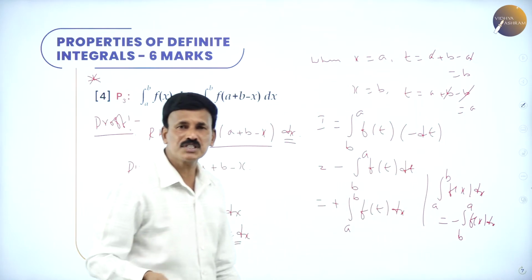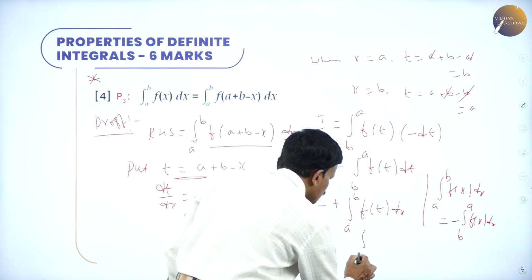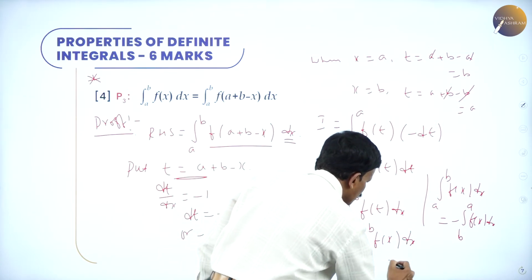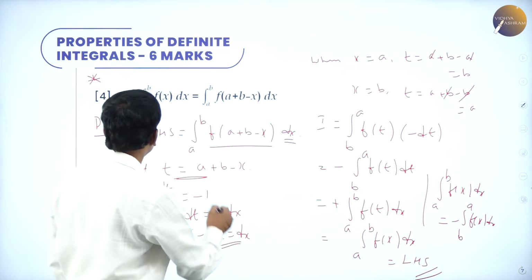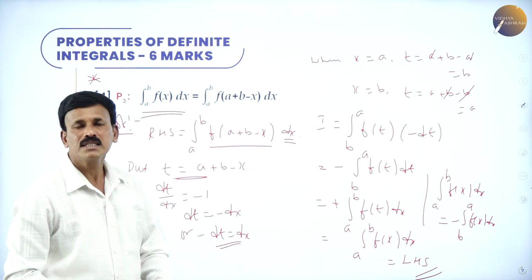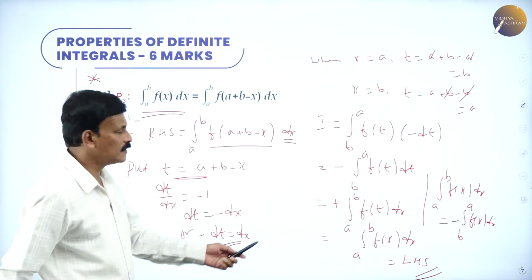Further, according to the first property, if we change the variable t to x, this reduces to the integral from a to b of f of x dx, which is the required LHS. Very simple and very important property it is.